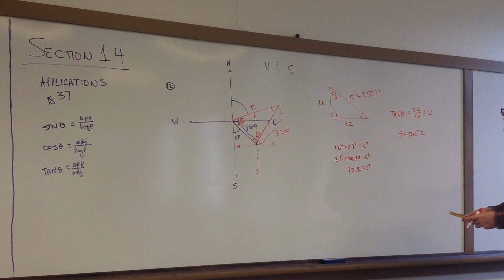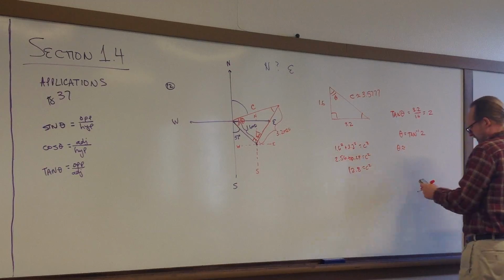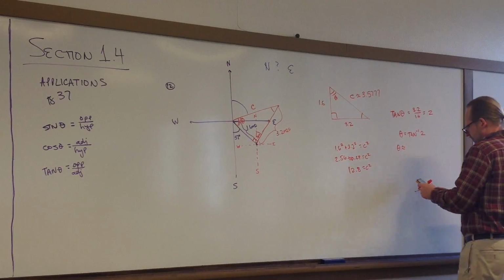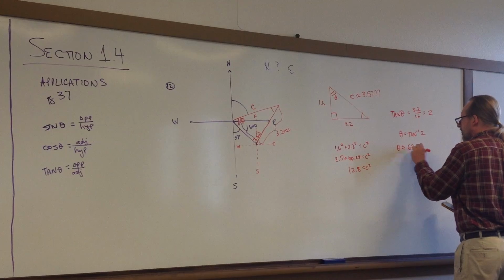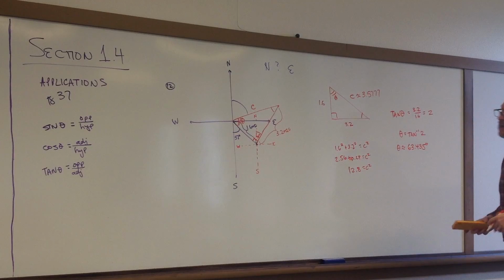So the inverse tangent of 2 says that theta is approximately 63.435 degrees. I'm kind of going a little overboard on the accuracy there. We could have just called it 63.4.